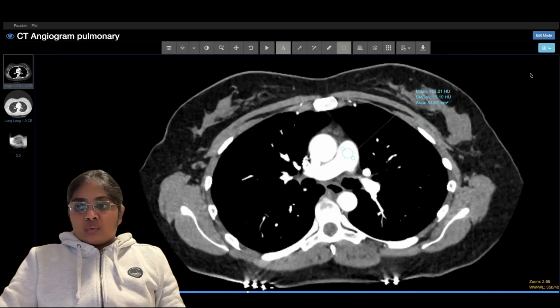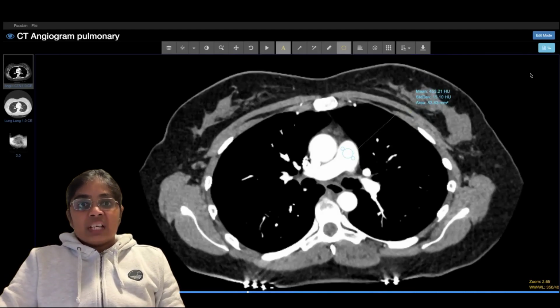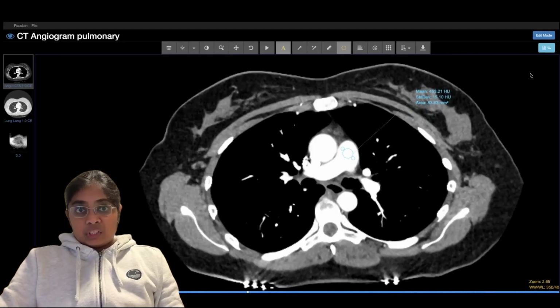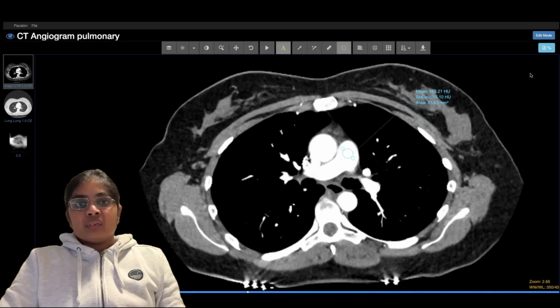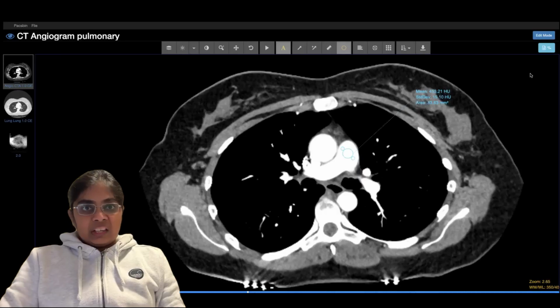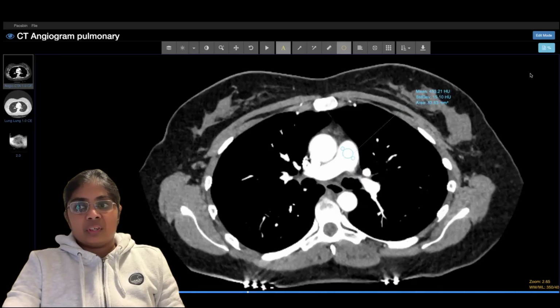Now, I've drawn here a region of interest within the pulmonary trunk, and you can see a mean Hounsfield unit of 453. What we're looking for is a Hounsfield of 250 or above to ensure satisfactory opacification of pulmonary vessels in our study.